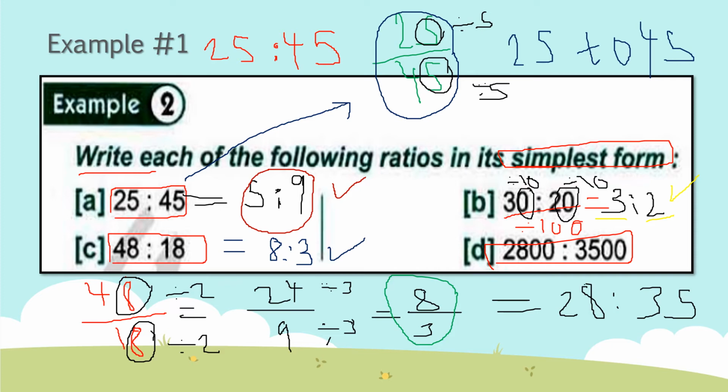Are 28 and 35 both divisible by one number? No, because you can notice that 8 here is divisible by 2 and 5 here is divisible by 5. So they aren't divisible by the same number. So this is the simplest form of this ratio.